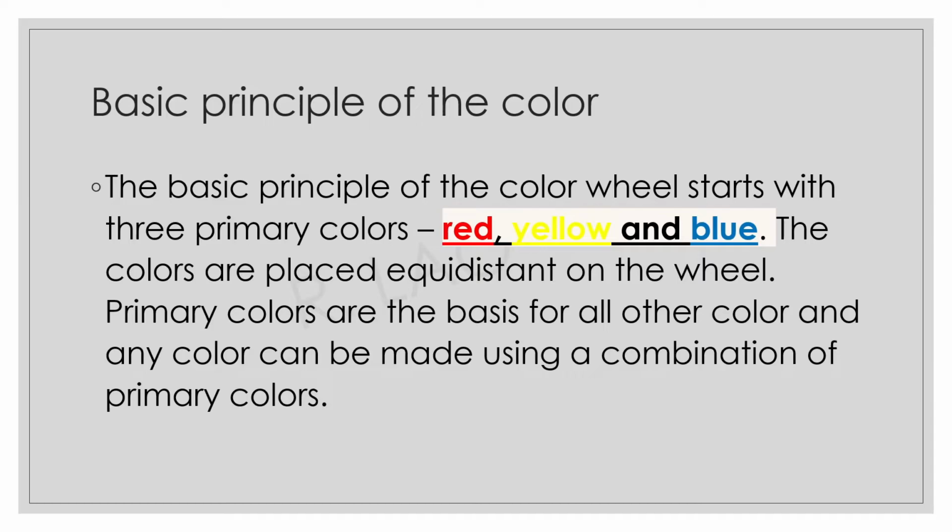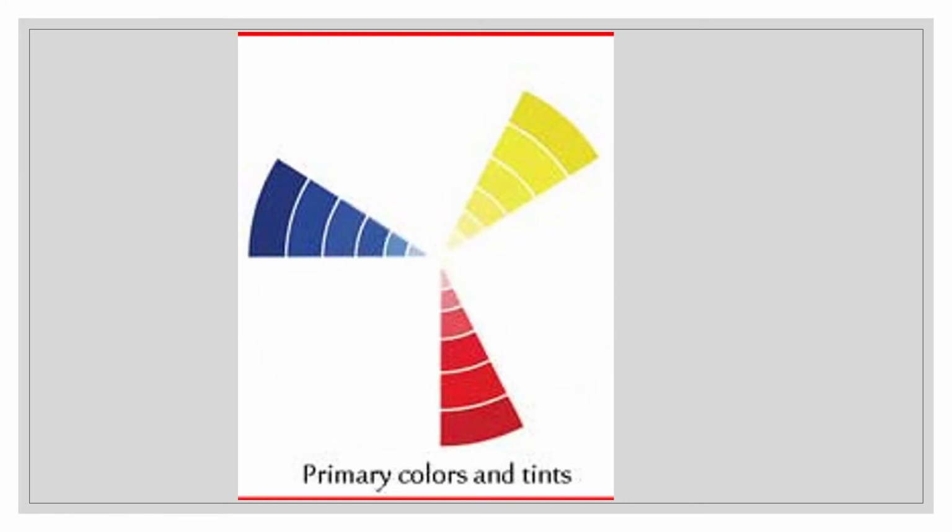Primary colors are the basis for all other colors, and any color can be used in combination with primary colors. These are the primary colors here, the RYB: the blue, the red, and the yellow.